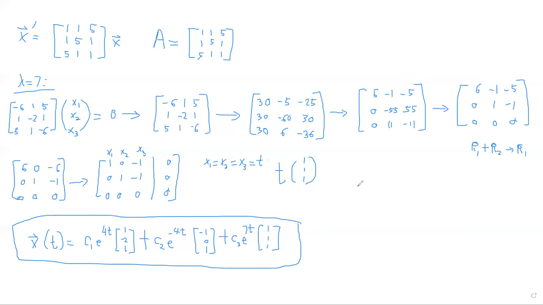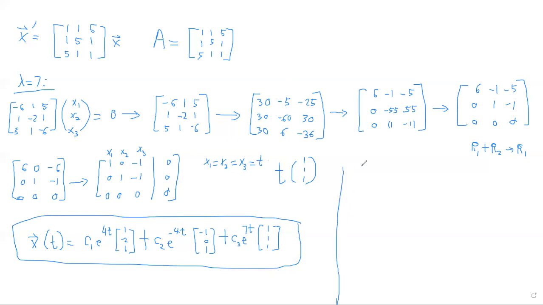So now you are able to solve any ODE in the form of x prime is equal to Ax, where A is a matrix filled with numbers. And you know what? I am going to give you guys a practice problem.